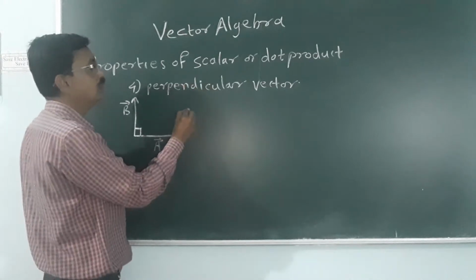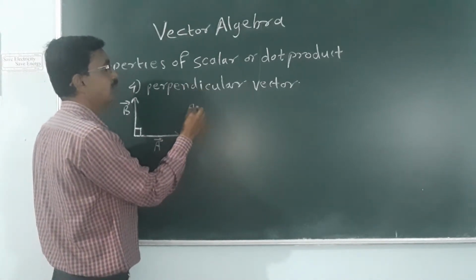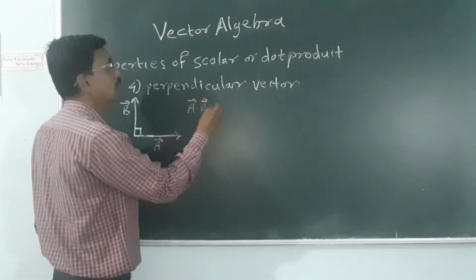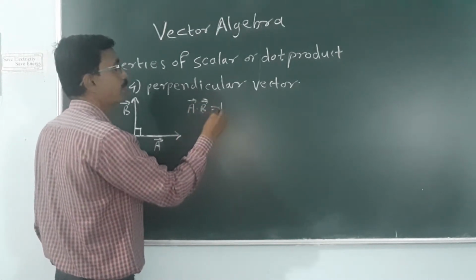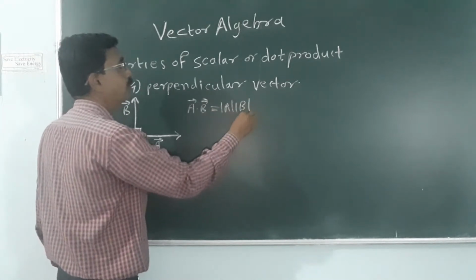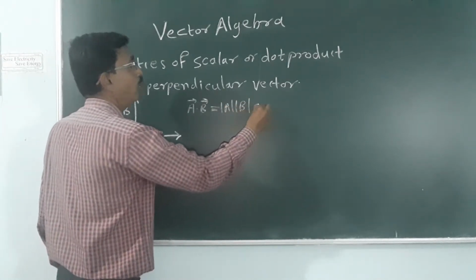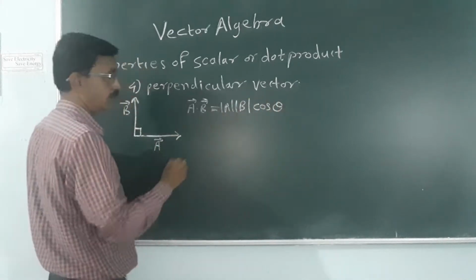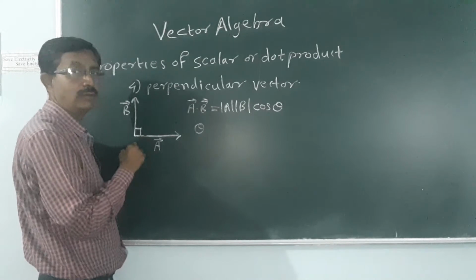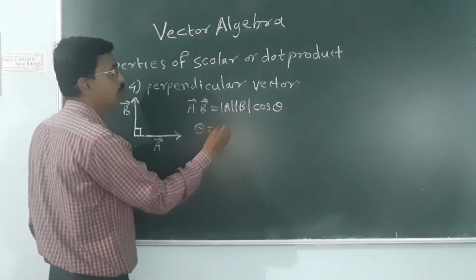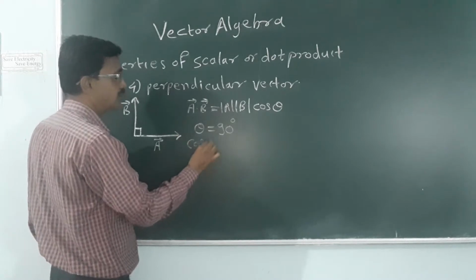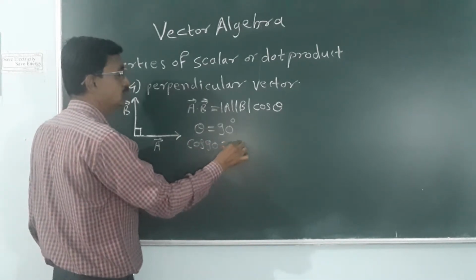Then, as we know about the scalar product, vector A dot vector B is equal to mod of vector A into mod of vector B into cos theta. In this case, as this is a perpendicular vector, theta is equal to 90 degrees and cos 90 is equal to 0.